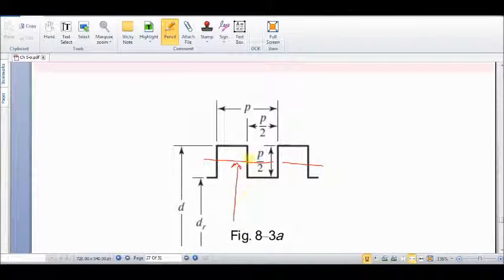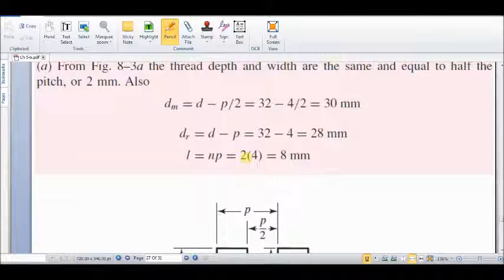So this quarter plus this quarter will be half of the pitch, right? So if we deduct this half of the pitch from the major diameter, we can find the mean diameter.